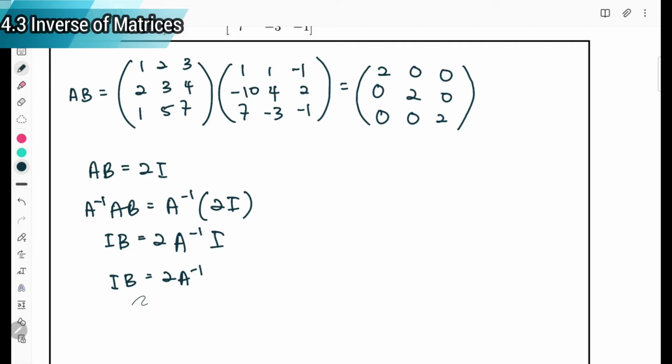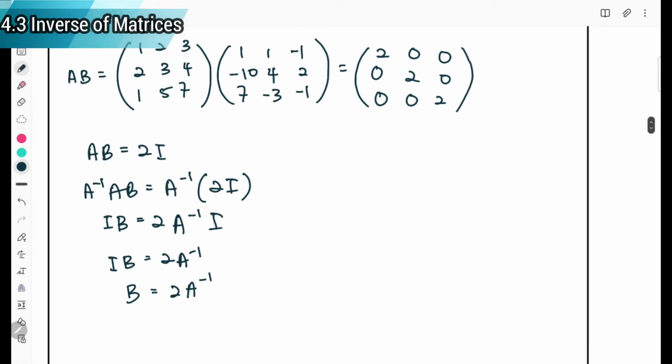Then IB is just B. And then A inverse is actually 1/2 B. Okay, divide both sides by 2. You get A inverse equals half B.